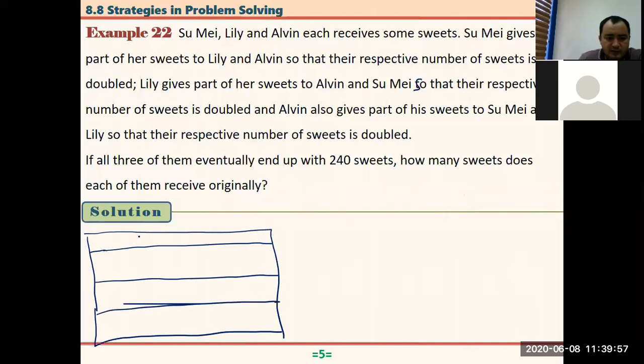And here we have the first one, the second one, and third one. Okay. So original number of sweets. We don't know this original number of sweets. We are trying to find it here. The first guy is Sume. Second one is Lily. Third one is Alvin.